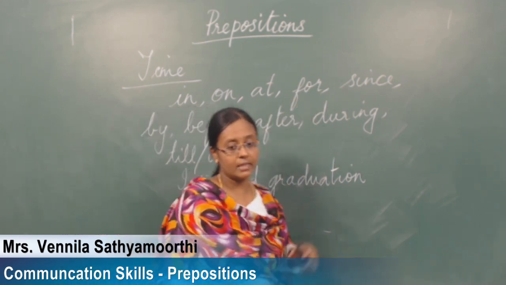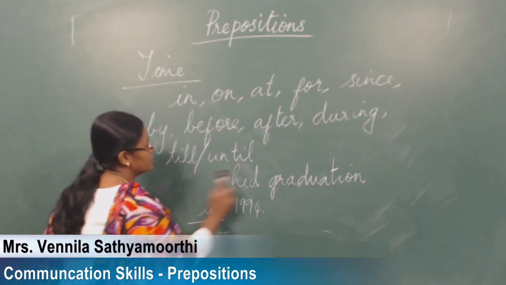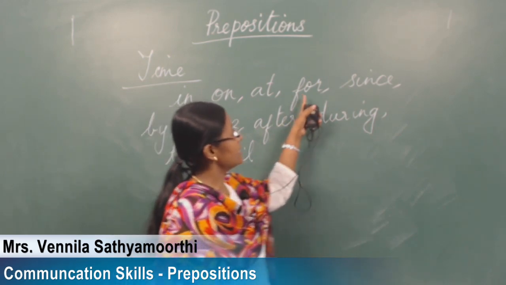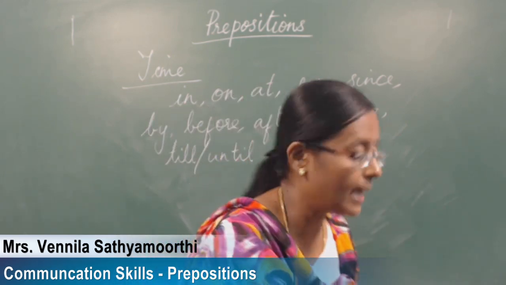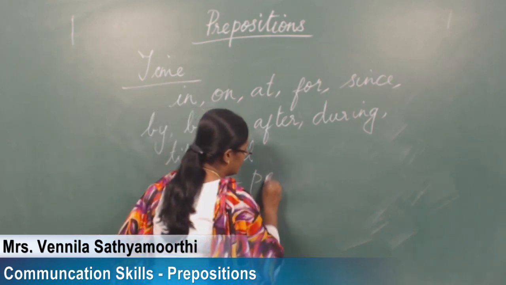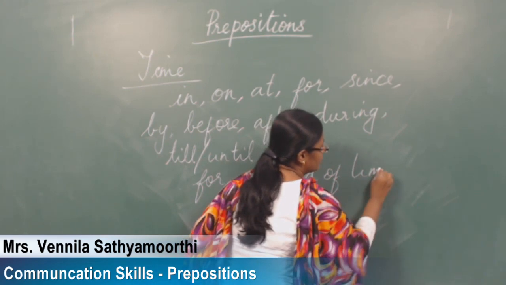Then for and since. There's normally a confusion here. I want you to understand the difference between for and since. For is used to talk about a period of time, whereas since is used to talk about a point of time.